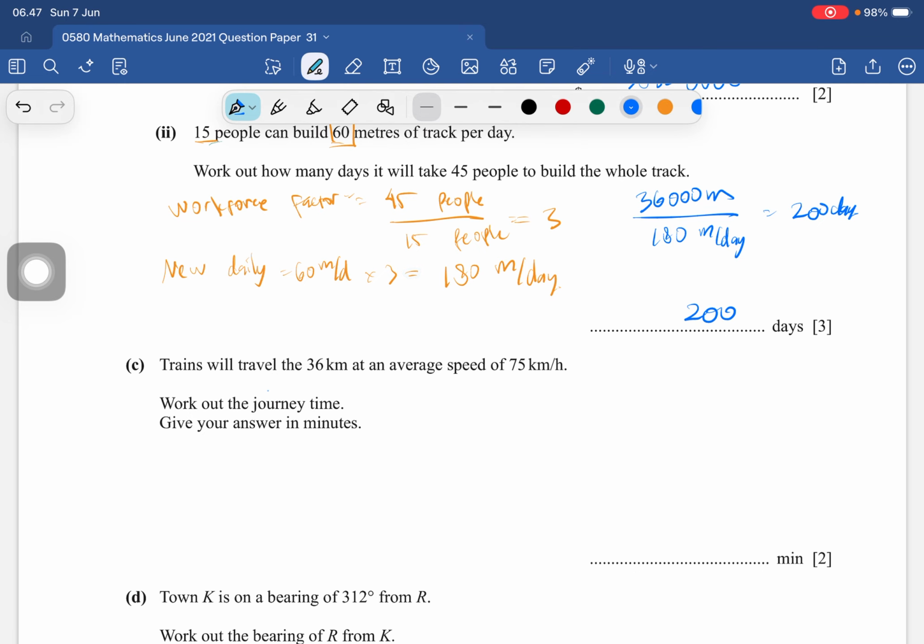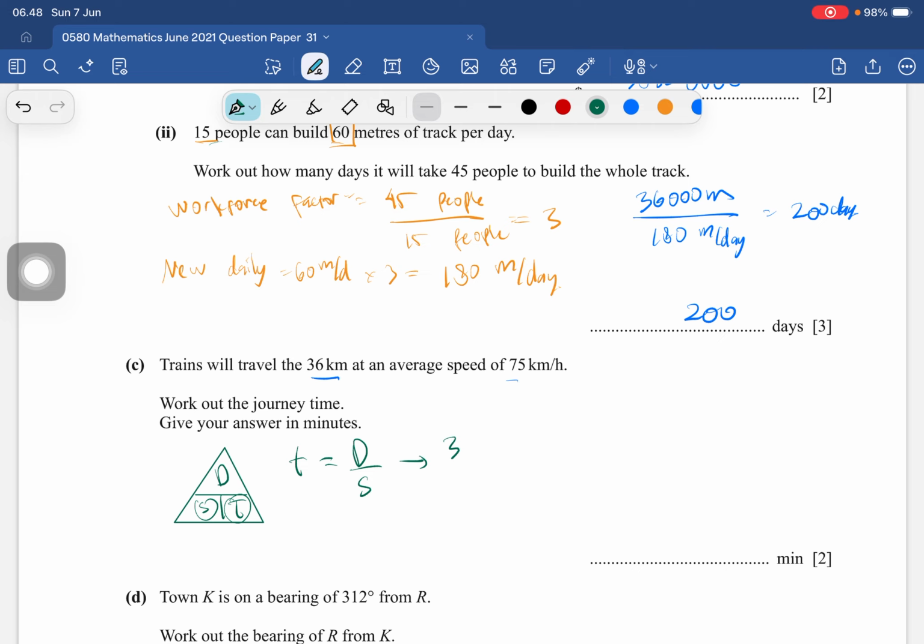Trains will travel the 36 kilometers at an average speed of 75. Calculate the time. We remember the relationship between distance, speed, and time. To find the time, we divide the distance by the speed.